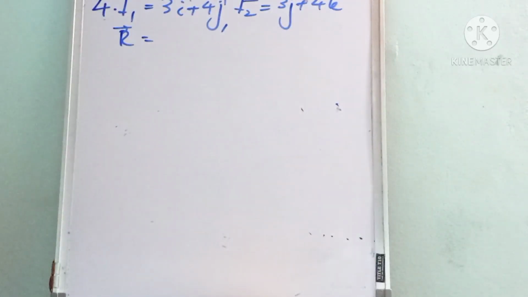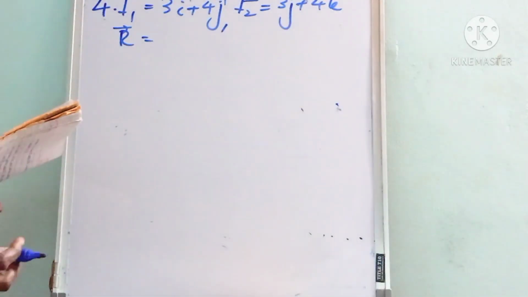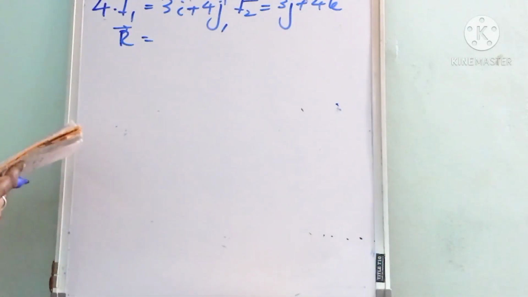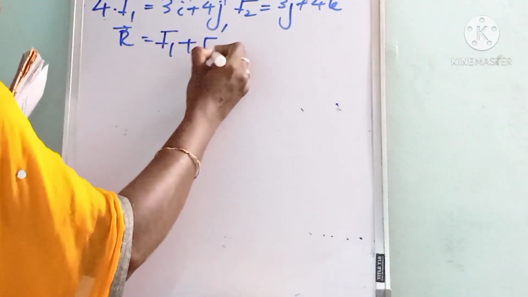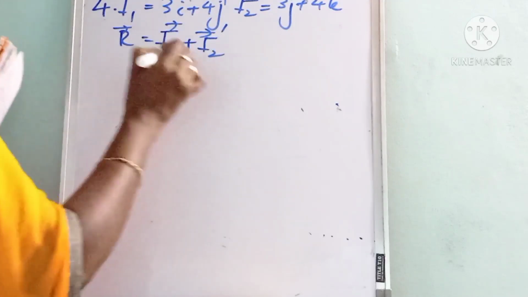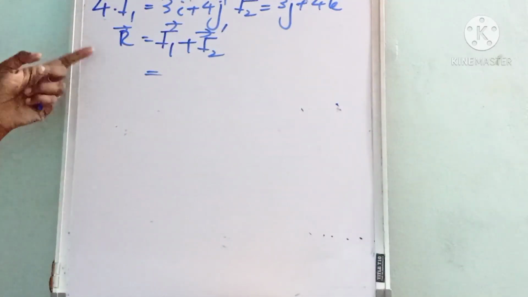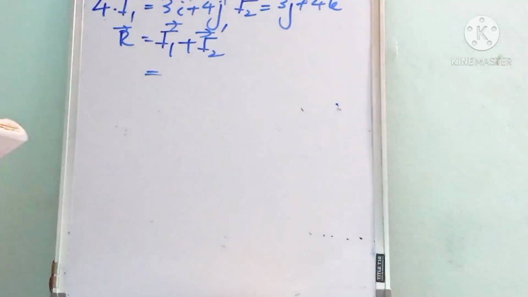Here the forces are given in terms of orthogonal unit vectors, or base vectors. In this case, in order to find the resultant vector, we just add these two forces, F1 plus F2, which gives the resultant of the two vectors.